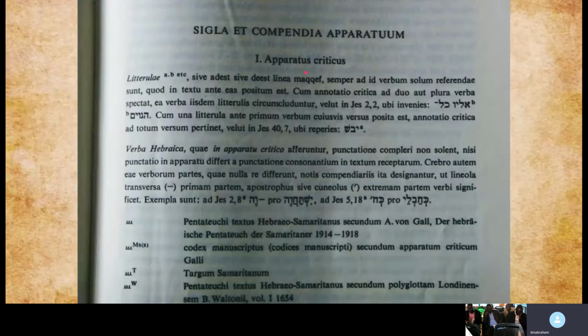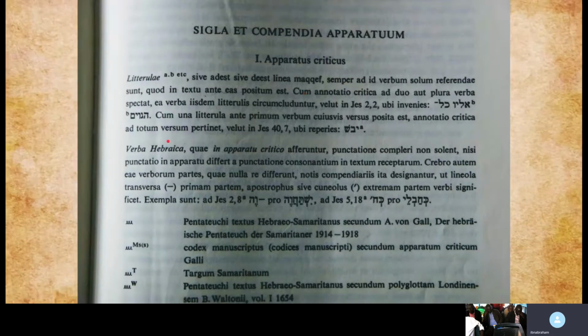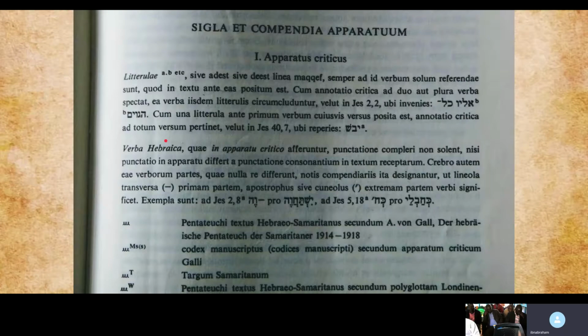Here's a close-up. You can see this is actually in Latin, and that can be a problem. I'm going to point out another resource at the end of this that does it in English. I don't know of any version of this that is in Swahili.